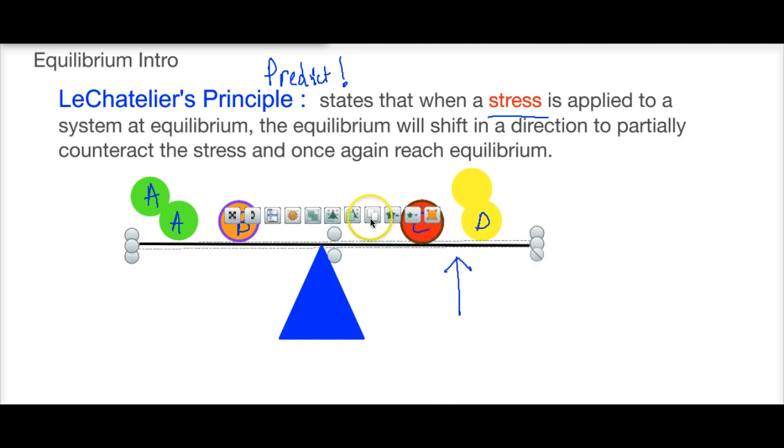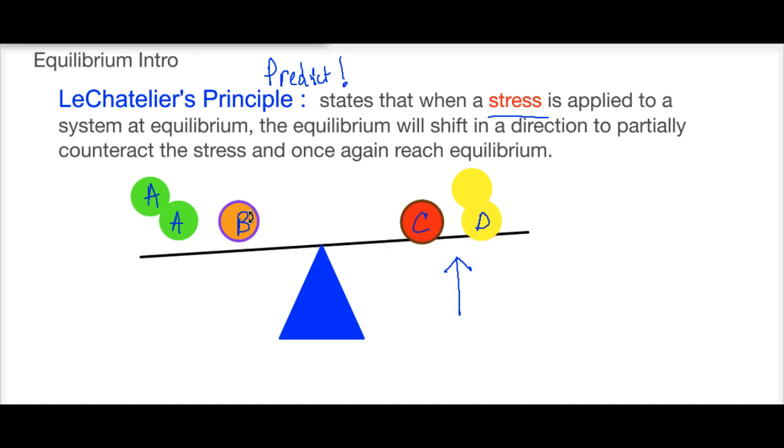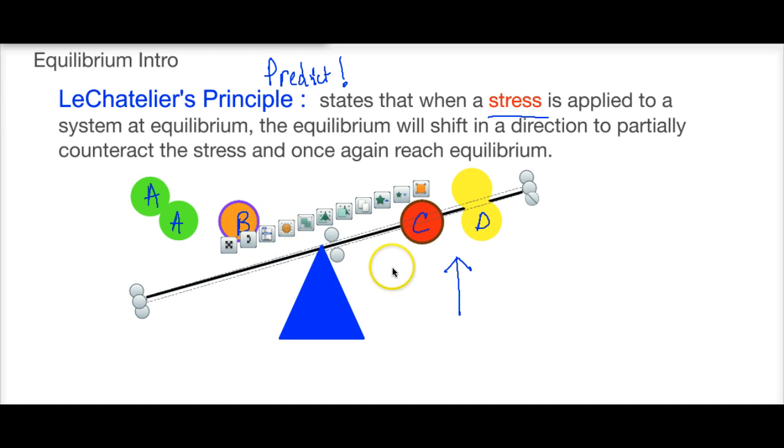In my mind, that's how I think about it. I'm pushing up on the reactant side. I'm lifting it up because I'm increasing, and therefore everything is going to slide to the left.